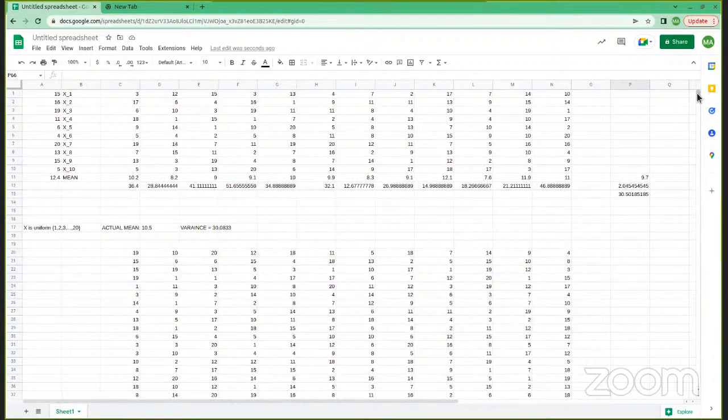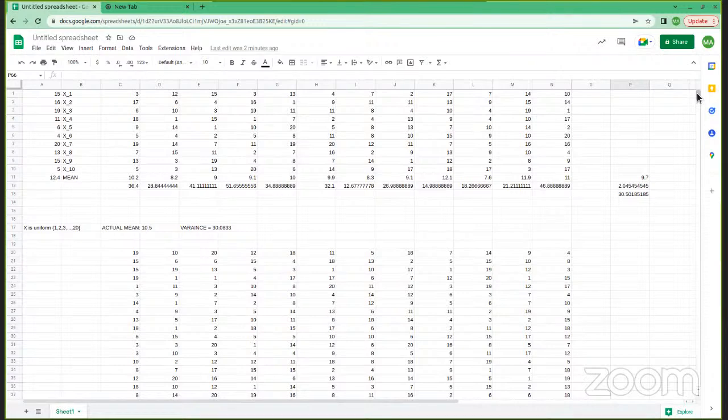But then, sir, what is the practical utility of the variance of the sample mean, which we calculated as sigma square by n? The practical utility is that you check whether the samples you are choosing are a correct representation of your population. If I take the mean of all those means, I will reach very close to my population mean.